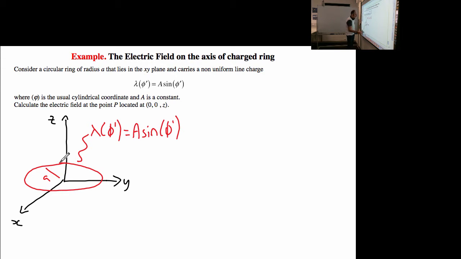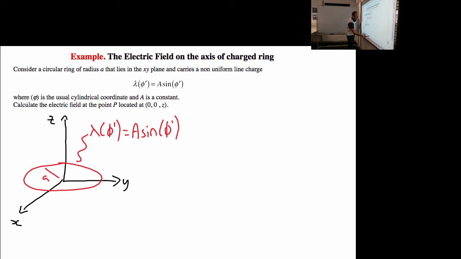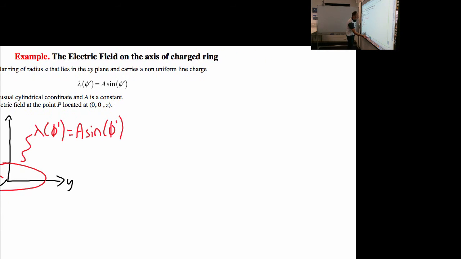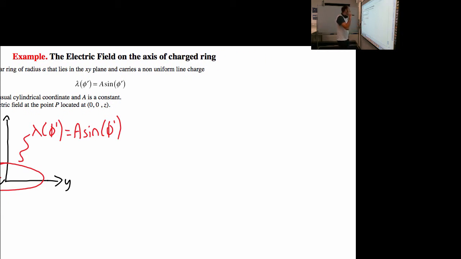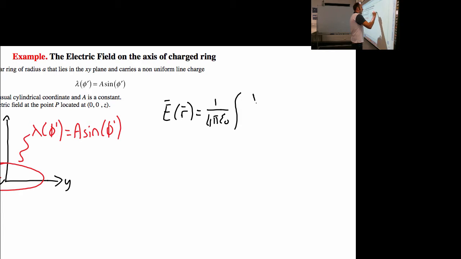Now, the next thing that I'm going to do is write down the electric field equation that we want to solve. So we have our electric field. It's going to be equal to 1 over 4 pi epsilon naught. We have a line integral, because we've got a line charge of lambda of r prime.